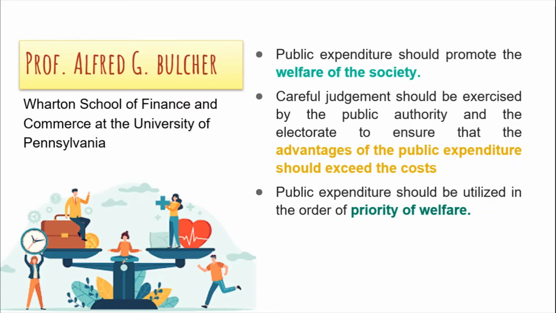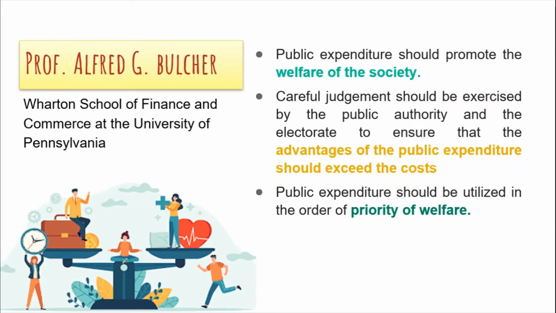The other one is careful judgment should be exercised by the public authority and the electorate to ensure that the advantages of the public expenditure should exceed the costs, and the funds utilized by the government will be more conducive to social welfare than the same funds would.